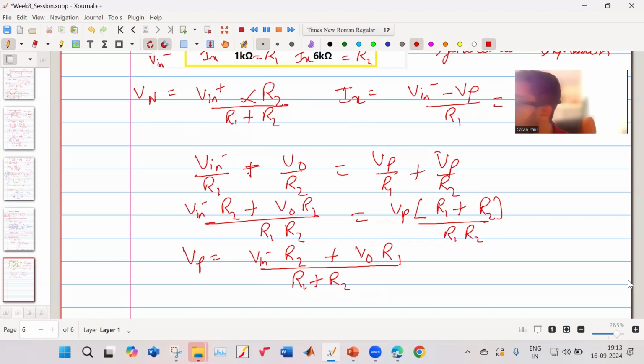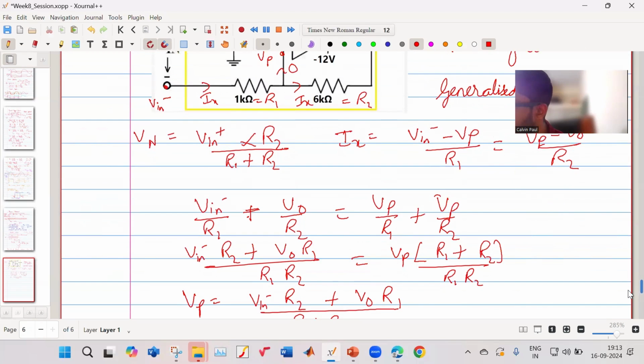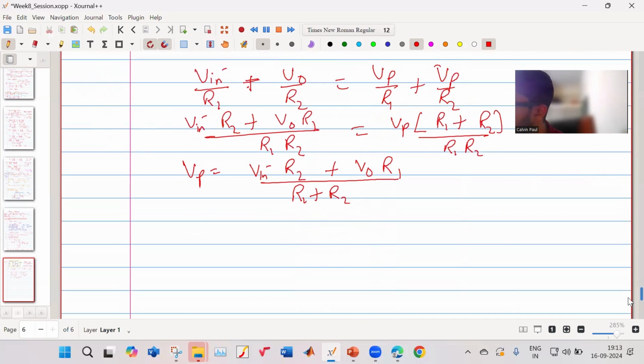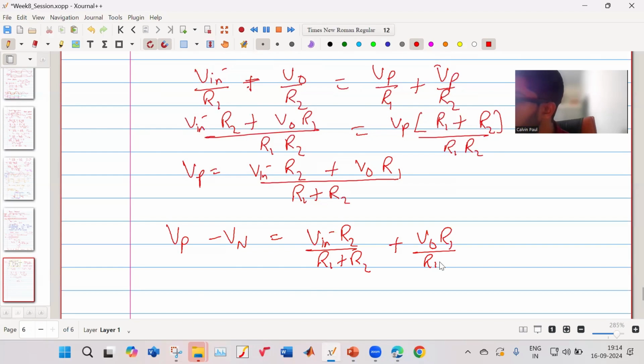Okay. So we got this expression. So now we have to see what is Vp minus Vn. What is Vp minus Vn? This is (Vin minus into R2) by (R1 plus R2) plus V output into R1 by (R1 plus R2) minus your Vn.